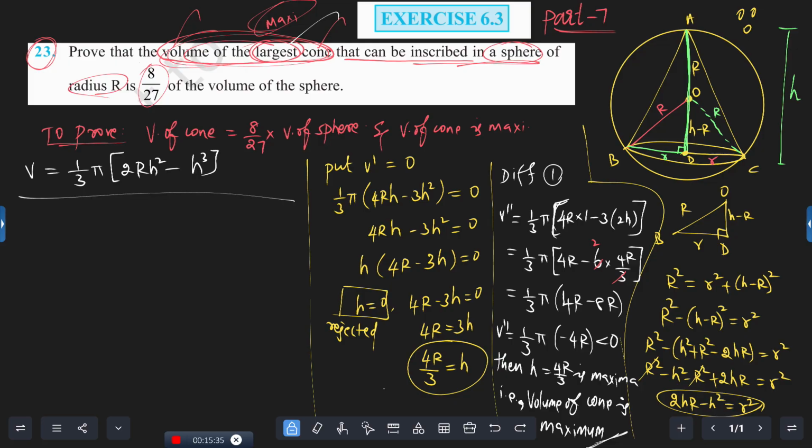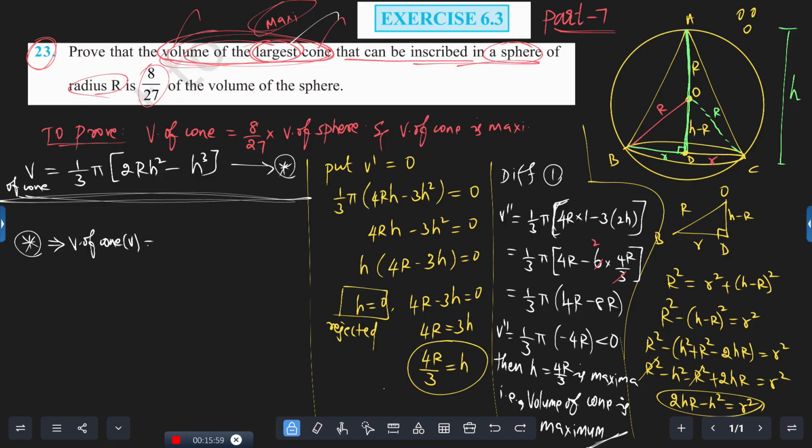This you don't need to write, but for my comfort I'm taking this. Now star implies V is equal to, V means what? Volume of cone. Only the volume of cone I'm taking as V.